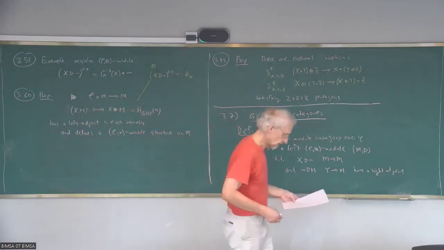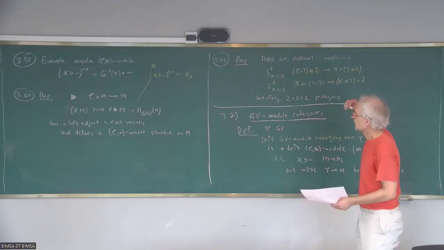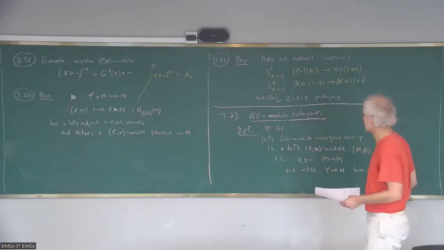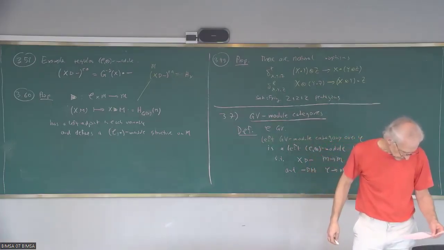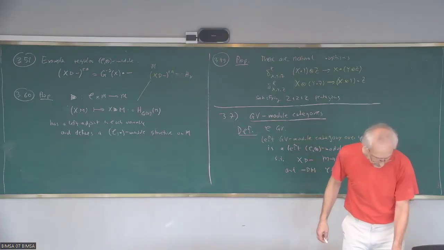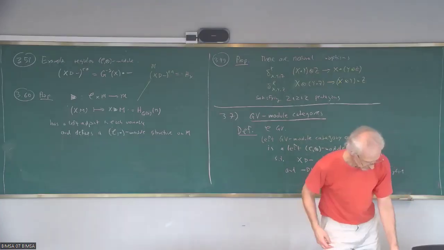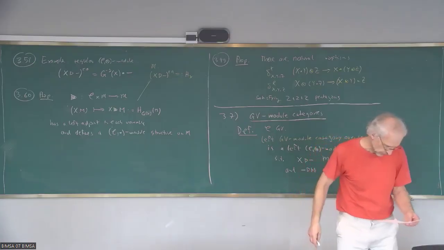And that means whenever I have a GV module category with respect to the original tensor, where in the definition I use the original tensor product, I also have a module category with respect to the other tensor.